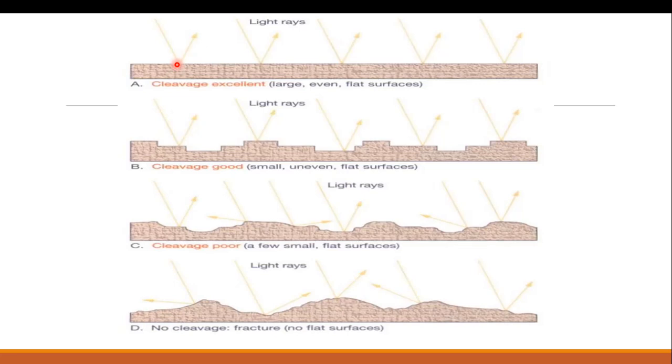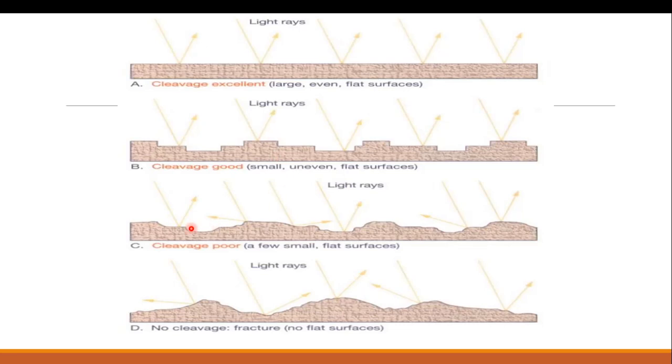As you can see in these pictures, we have the emitting of light only in one direction on the large, even and flat surfaces. And number B, we have a cleavage of good quality. It also emits light only in one direction, but on small, uneven and flat surfaces.